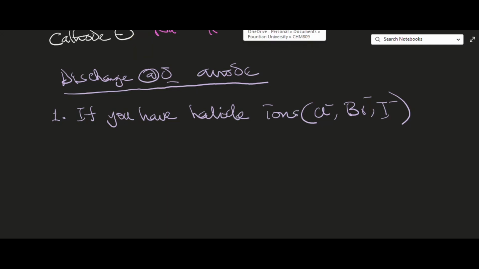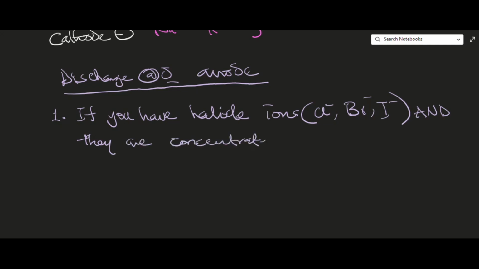and it is important, and they are concentrated. What I mean by concentrated is that they will mention that in the question. They will say electrolysis of concentrated sodium chloride, or electrolysis of dilute sodium chloride.